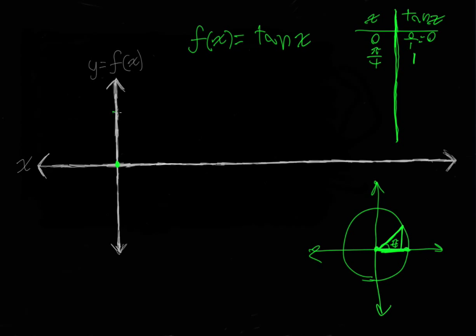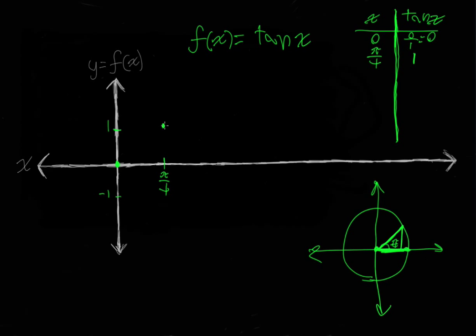I'm going to mark 1 a little bit lower down this time, maybe even lower than that, actually. We have 1 and negative 1, because this graph is not quite as bounded as the last ones were. So at pi over 4, we have a tangent of 1.